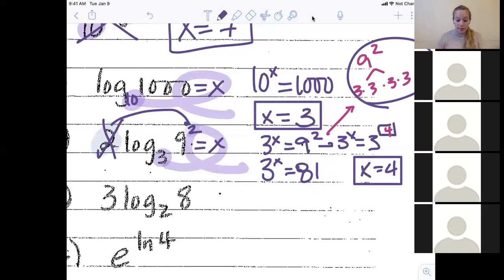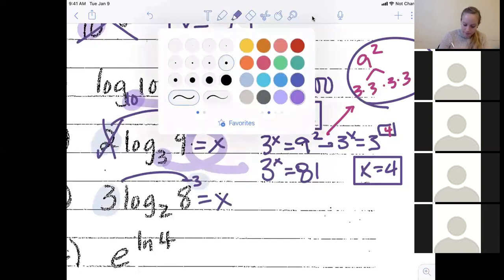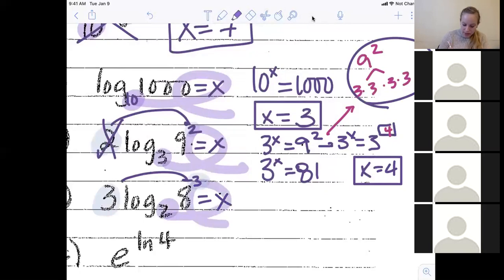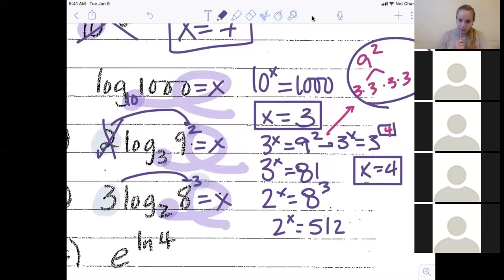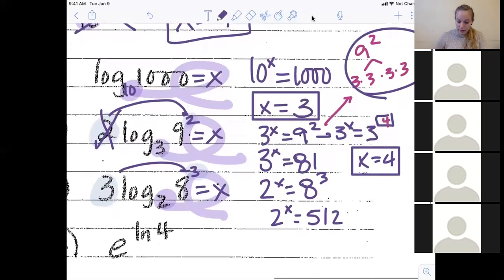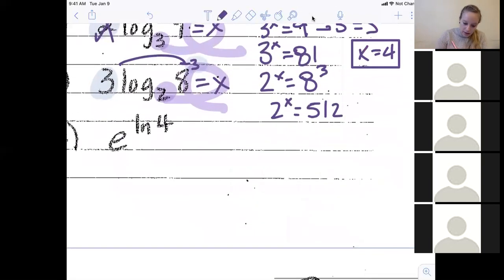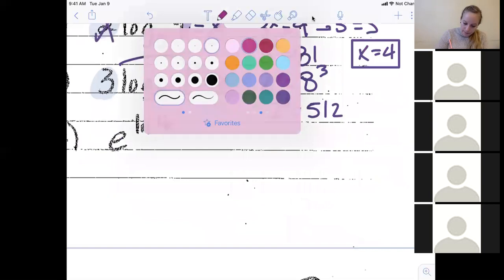Similar idea for the next one. I'm going to bring that 3 out to the exponent. So instead of being in front, it's going to become that exponent, equal to x, so I can log roll. 2 to the x equals 8 to the third. Again, you can do what 8 to the third is. I believe yesterday we decided it was 512. Or you can do a little factor like I did on the last one.